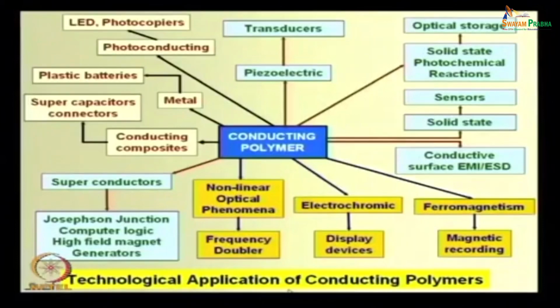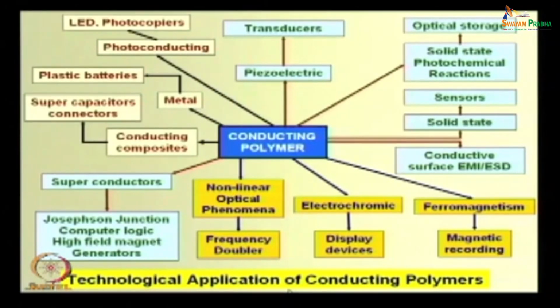sorry, look at this conducting polymer, how many different applications today, although this is old, this is not today's, say 2-3 years back I could get it from somewhere. So, there are further additions to this list, different types of applications you can find from this conducting polymers.